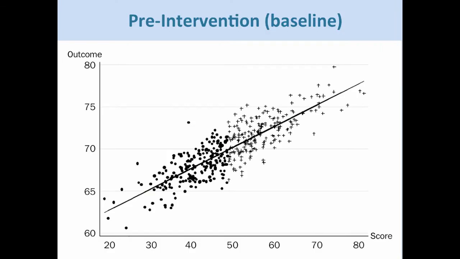Here's the relationship at baseline, before the subsidies are provided, of farm production, or the outcome on the vertical axis, against the running variable, or the score, on the horizontal axis. If the running variable is measured in hectares of land, the outcome might be yield or production per hectare.